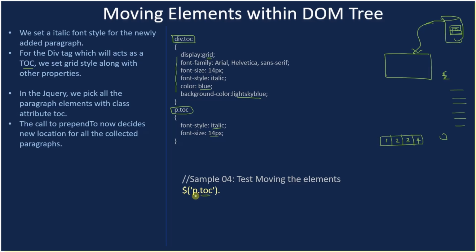There are 4 such, and we are taking that as a JavaScript array. Then we are making a call to the prependTo method. The new location is our div class placeholder. We already saw that in the previous slide. So we collected all the 4 paragraphs, and now we are making the call to prependTo.